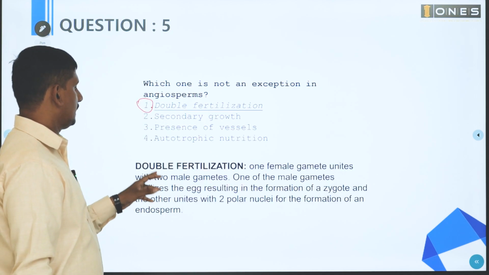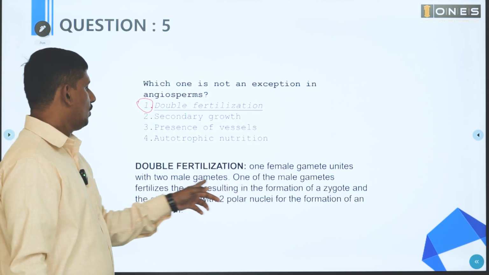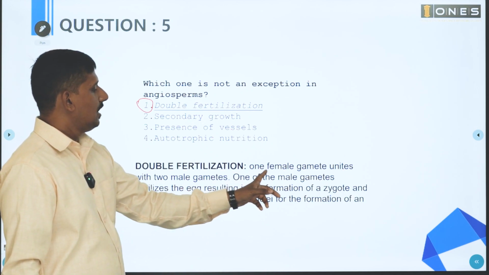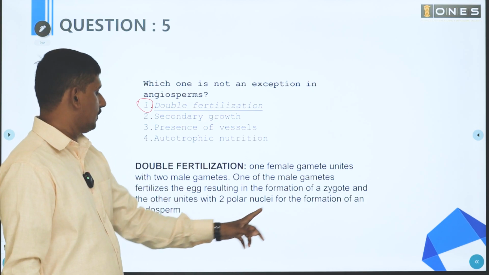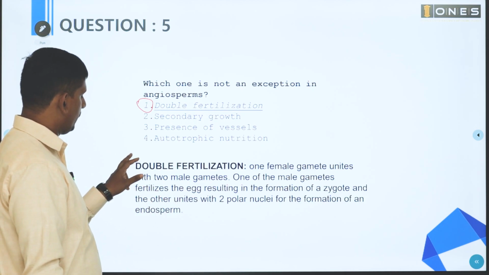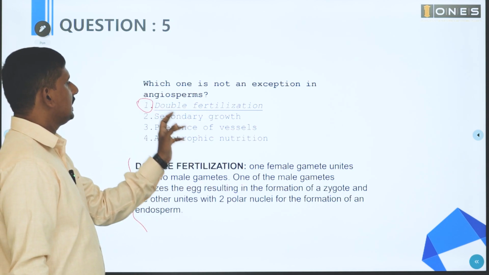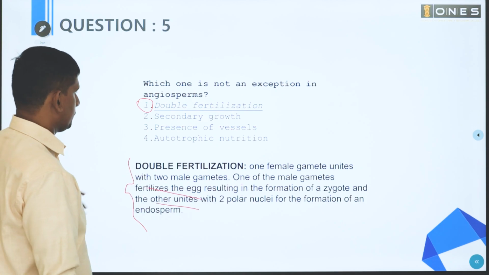In double fertilization, one male gamete fertilizes the egg, resulting in the formation of a zygote, and the other unites with the polar nuclei for the formation of the endosperm. This is double fertilization, which is a feature of angiosperms.